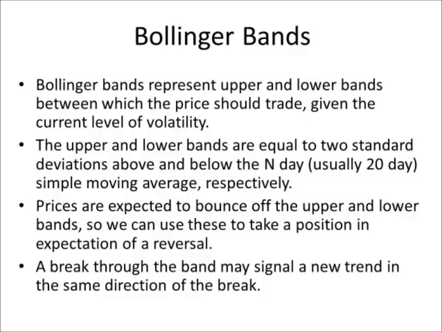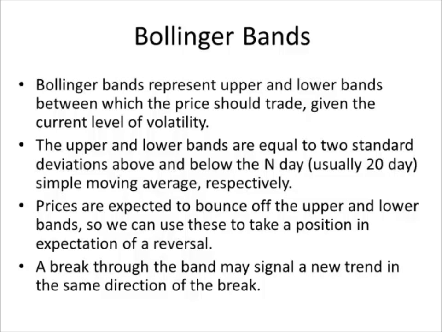It has an upper and a lower band, and these represent the level between which the price should trade given the current level of volatility. We look at the volatility based on previous data, and then calculate a channel between which the price should move.